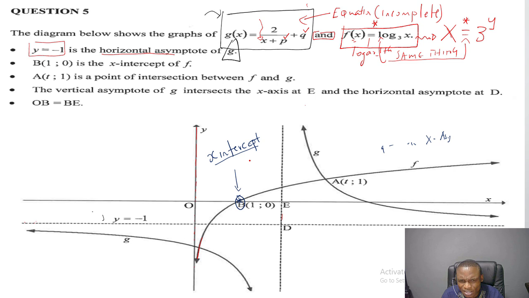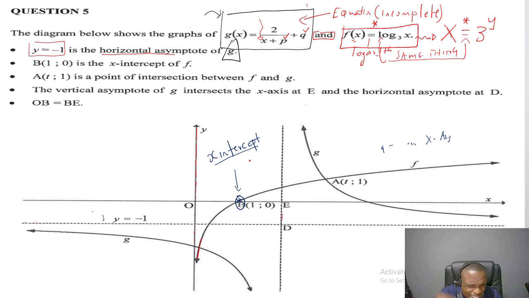Make sure that you are understanding the mathematical language, because understanding the language that we speak as mathematicians will help you in improving in your maths. So they are saying B is the x-intercept of f. You must understand what they are talking about. They are simply saying f cuts the x-axis. It passes the x-axis at B. So that is why they say B is the x-intercept of f.